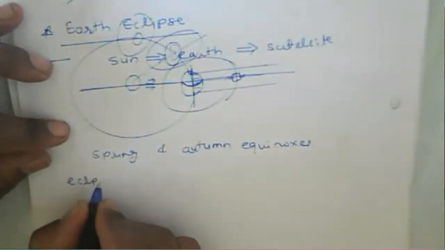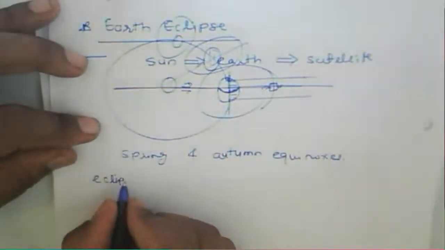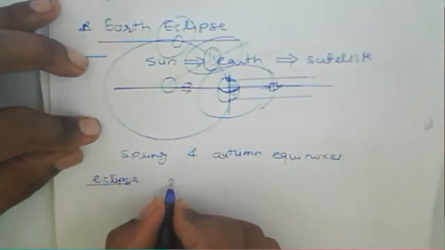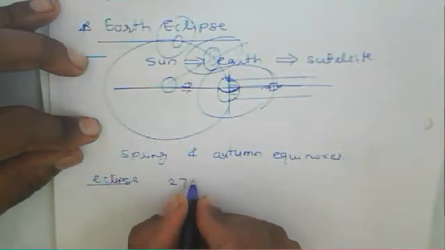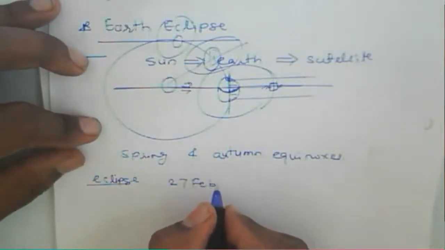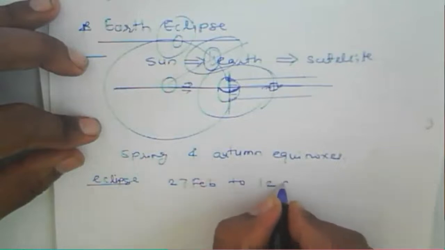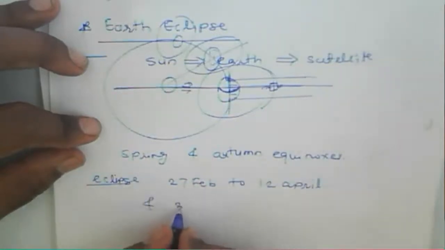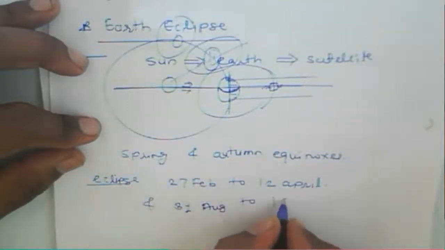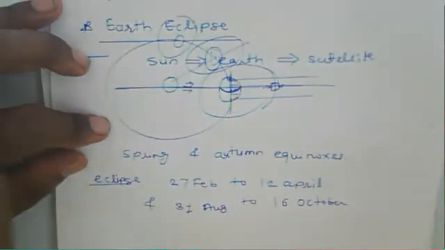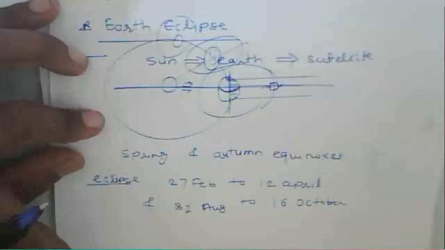The eclipse occurs between the period from 27th February, using the calendar year, to 12 April, and from 31st August to 16 October.